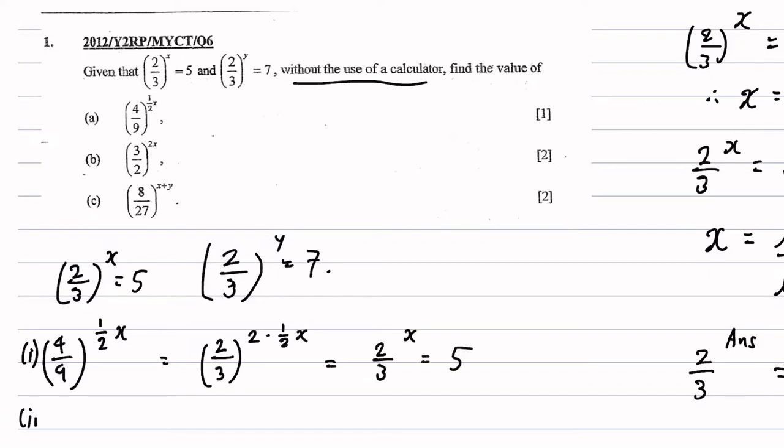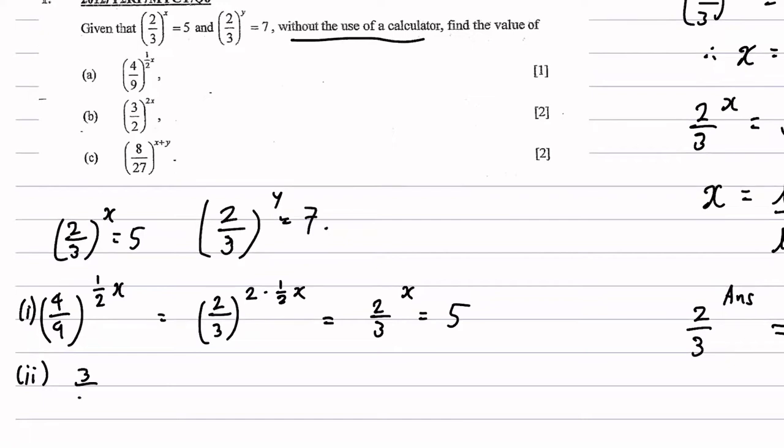Yes. 5. Which is 5. Correct. Part 2, (3/2)^(2x). Do you realize that it's related to 2/3? Yeah. But it's to the power of minus 1, and then multiply by 2x.